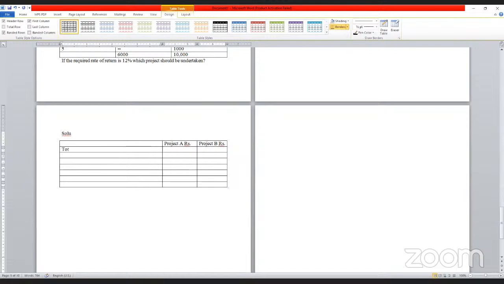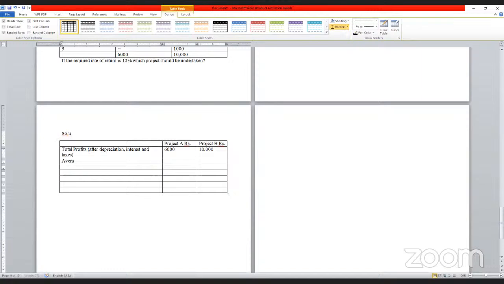First, total profits after depreciation, interest and taxes. Total profits are already in the problem, it is there. For project A, total profits are 6,000. Project B, total profits are 10,000.